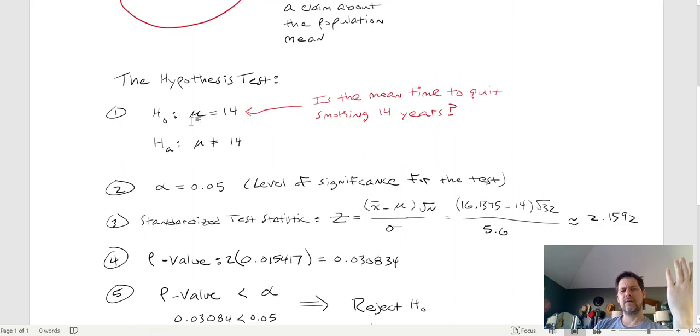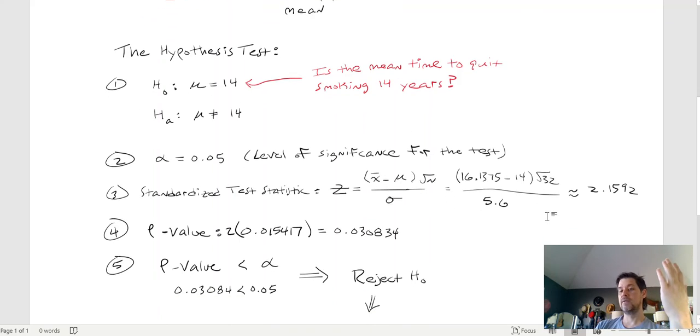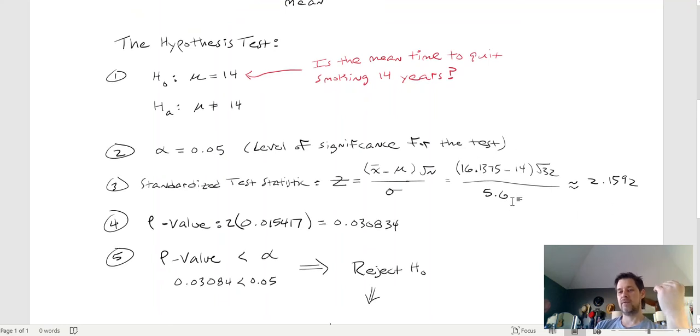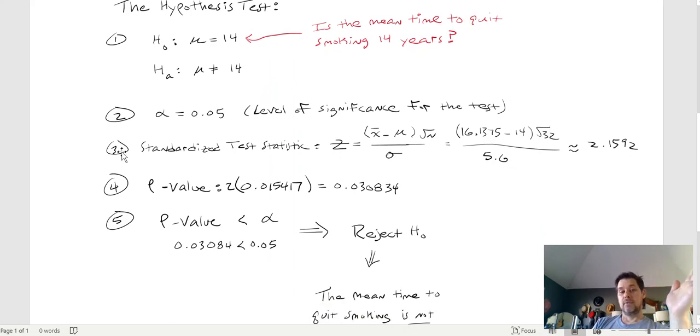If this was a different problem, and the claim was mu less than or equal to 14, well, embedded in that statement is mu is equal to 14. So we always get it from the null hypothesis. So x bar minus mu times root n over sigma, and we calculate that with a basic calculator, and we'll get 2.1592. Okay. Next step is to calculate this thing called the p-value.